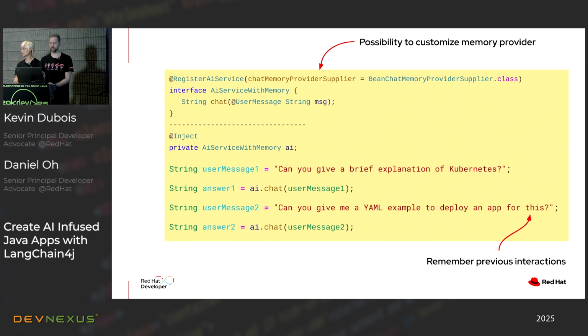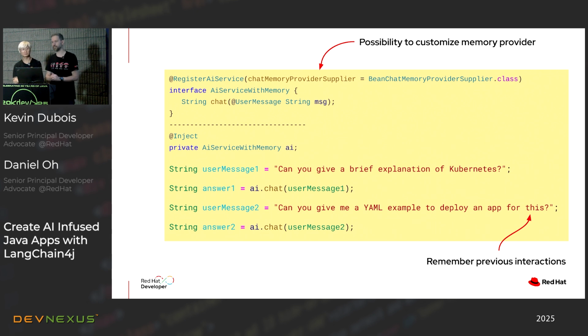But in this case, you'll see we make a first call. We ask the model, can you give a brief explanation of Kubernetes? And it'll answer, hey, Kubernetes is this way to orchestrate containers and whatever more. And then you can see here, message 2, can you give me a YAML example to deploy an app for this? Of course, if we didn't keep track of the memory of the state of our calls, it would reply with, what do you mean by this?